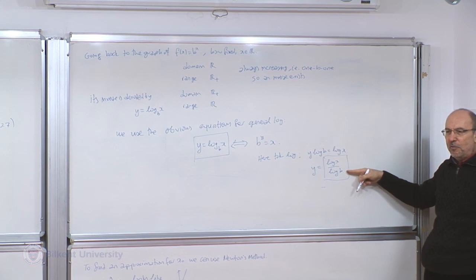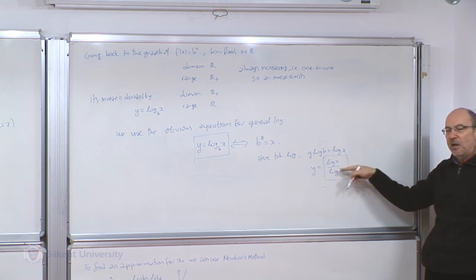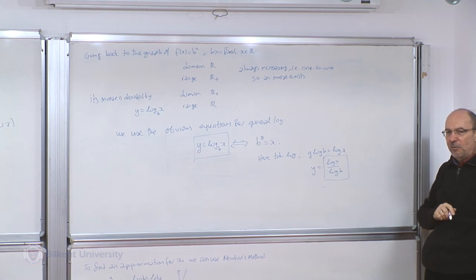Okay, so this was the first thing that was discovered when people discovered that the area under 1 over x gives you a logarithm. They discovered that if there is any other logarithm, it must be a constant multiple of the natural logarithm. And here we know exactly what that constant multiple is.